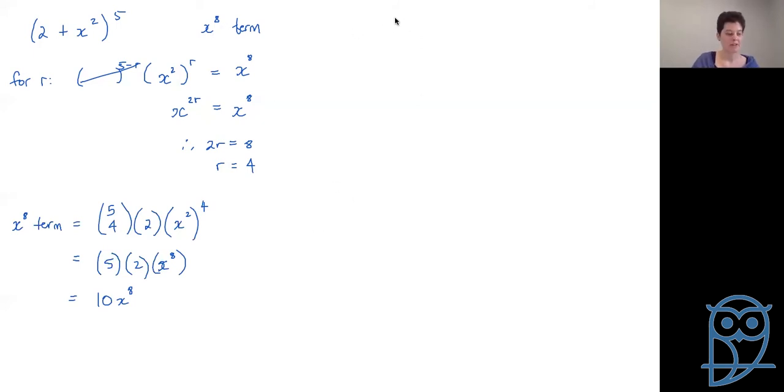Another one with something more interesting going on. x plus 2 over x to the 6. And we want the x squared term. So here now, we've stepped it up in 2 ways. We've got x in both positions, and we've got an x underneath. So first thing, what is our r going to be?